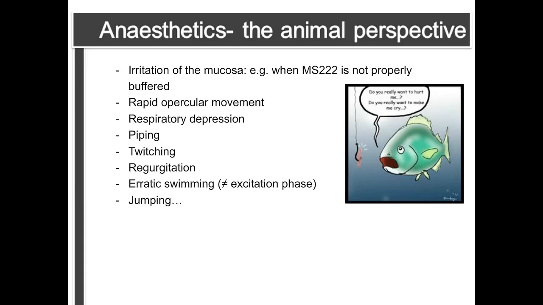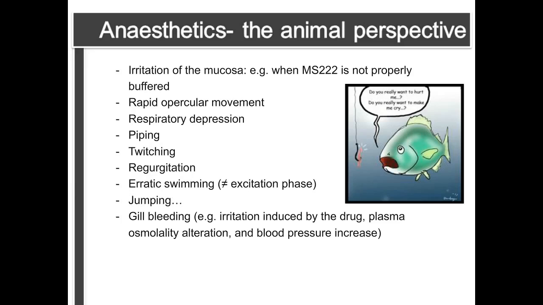Jumping when the fish are trying to escape from the water, gill bleeding when the drug caused irritation, or when there are some alterations in the plasma osmolality or an increase in blood pressure.